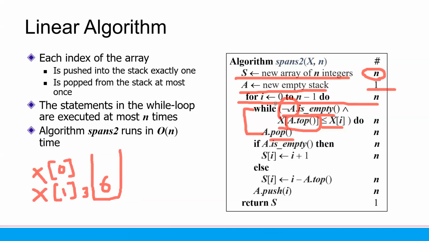And then, if the stack is empty, you can add 1. If not, then the element of the span will be i minus A dot top. And then we can just push another index i.